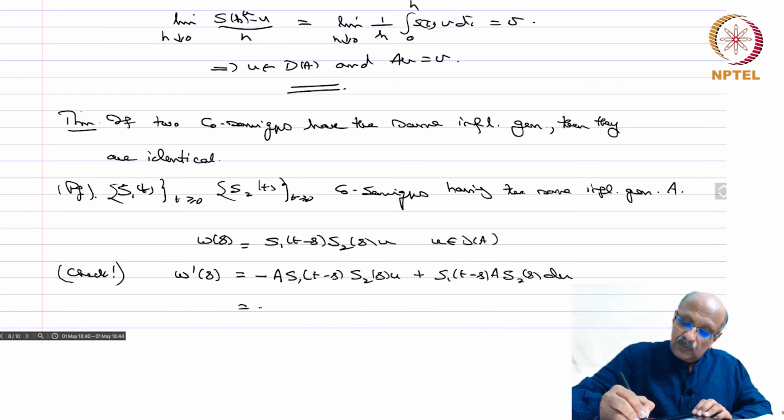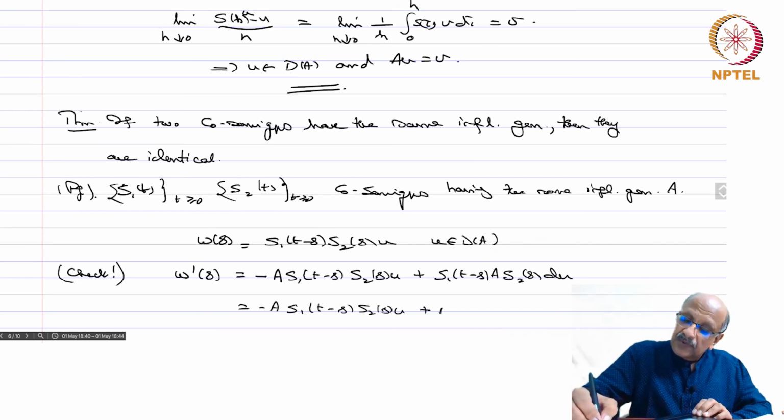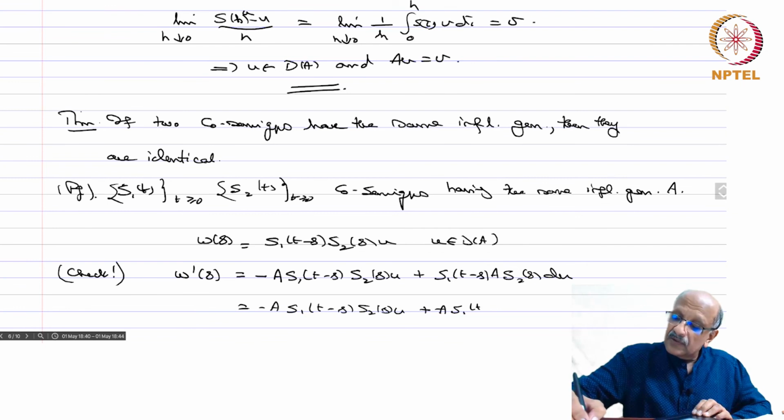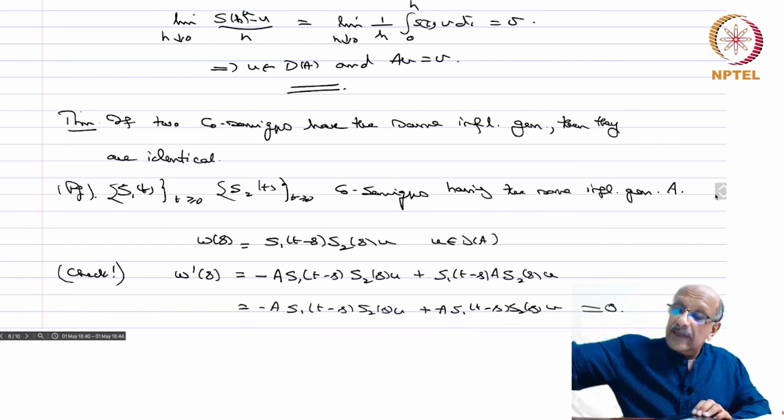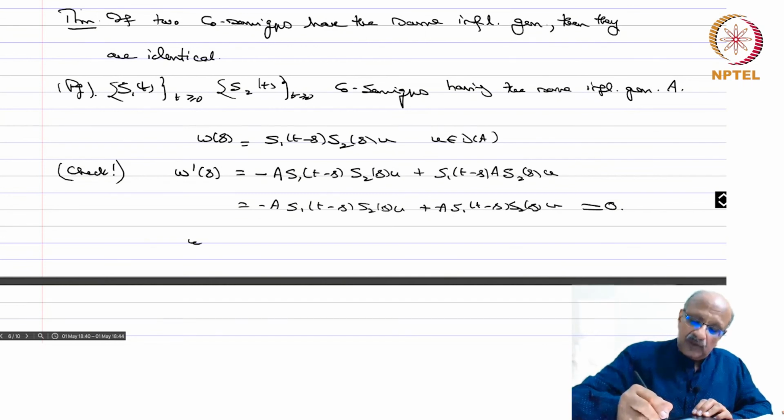So, this is equal to minus A S1 of t minus s S2 of s of u plus A S1 of t minus s S2 of s u, and therefore that is equal to 0. So, again W is a constant. So, W(0) equals W(t) for all t.